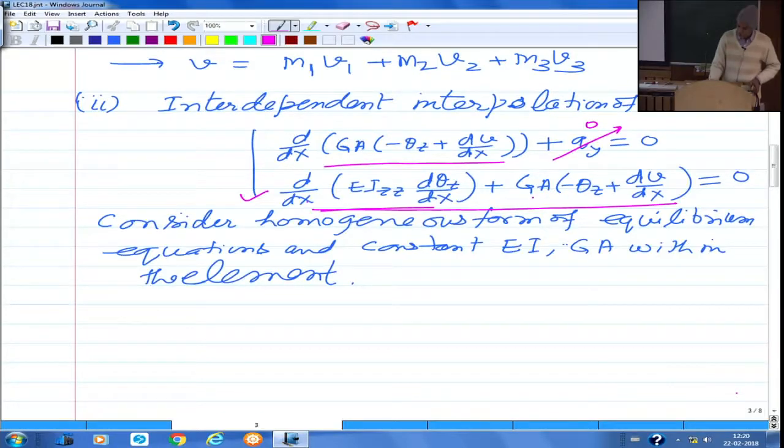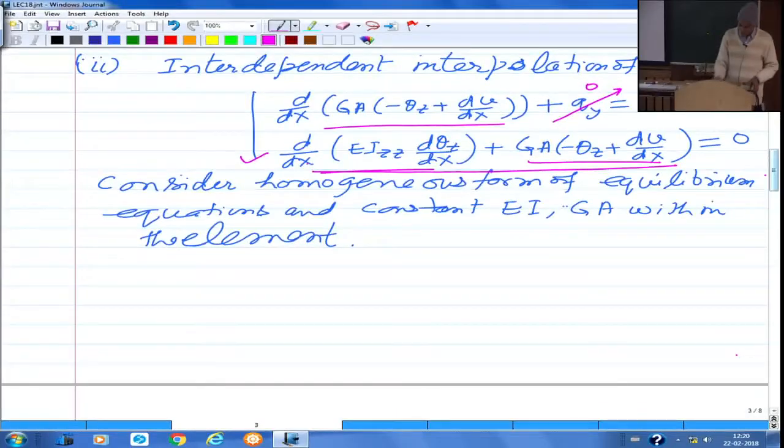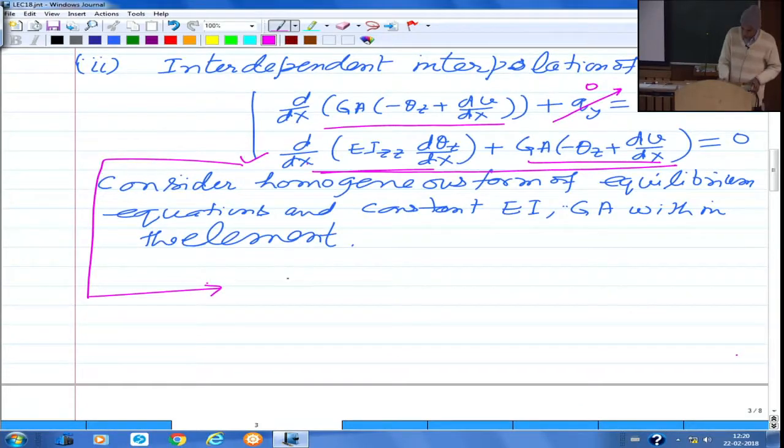So now I can write, combining both equations together, d2 by dx square into EIzz, and since EIzz is constant, I can take it out and eliminate it, is equal to 0.